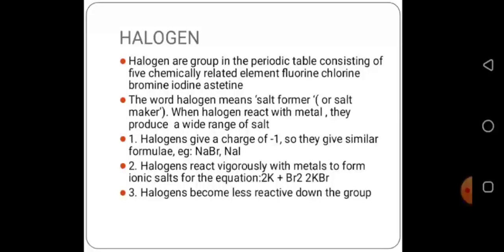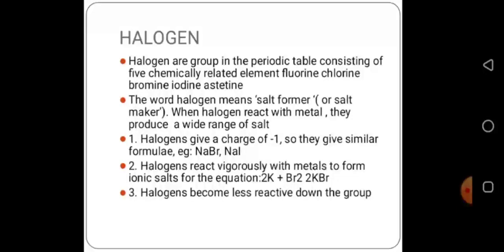Halogens give a charge of negative, so they give similar formulas, e.g. sodium bromide, sodium iodide.